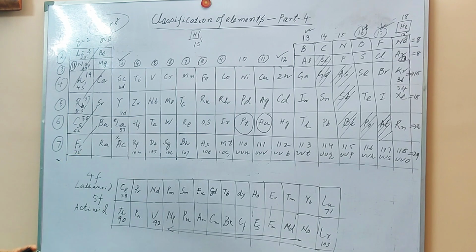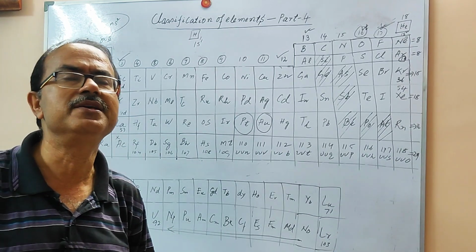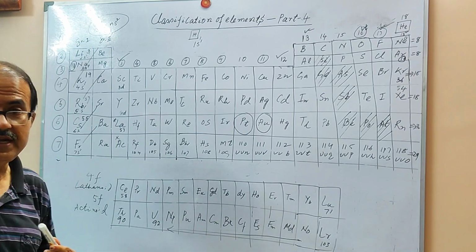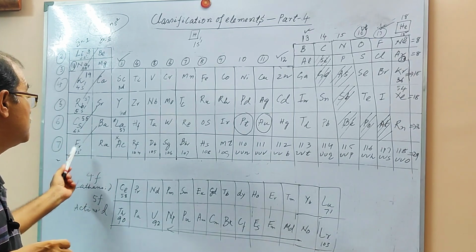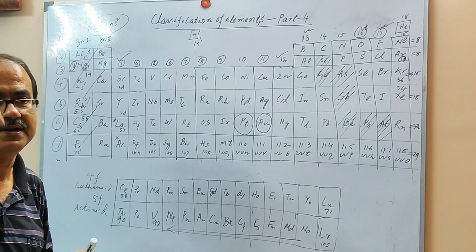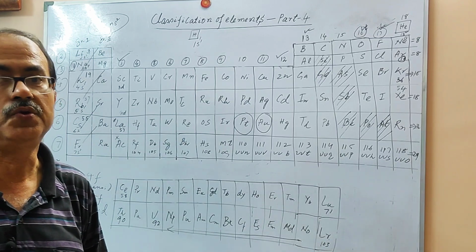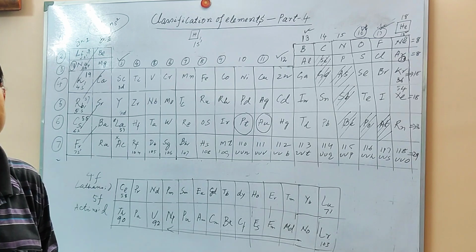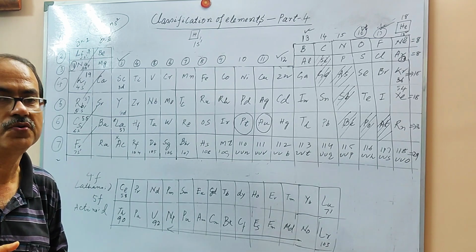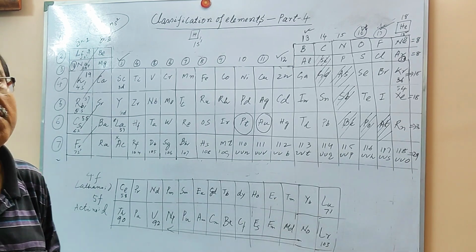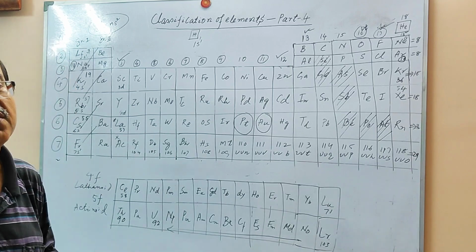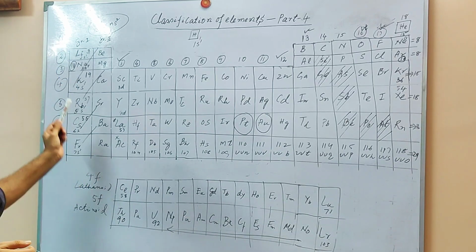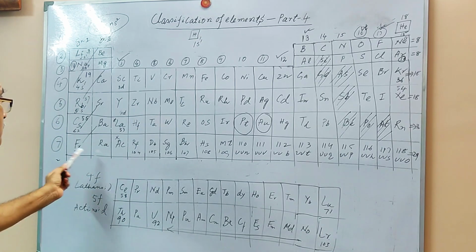Group number 1 and group number 2 are S block elements, and these elements are very reactive. They have only 1 electron and 2 electrons: group number 1 elements have 1 electron and group number 2 have 2 electrons. These can be easily given away to other elements for compound formation, and they mostly form ionic compounds.